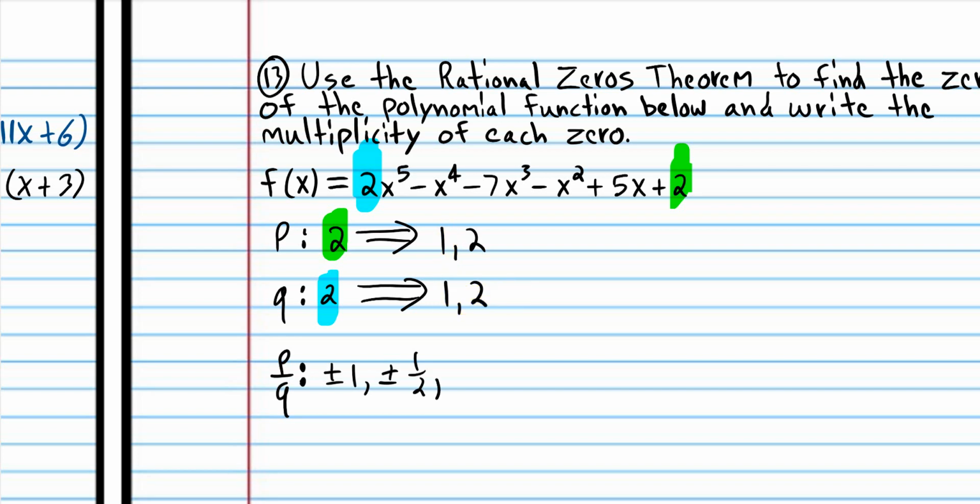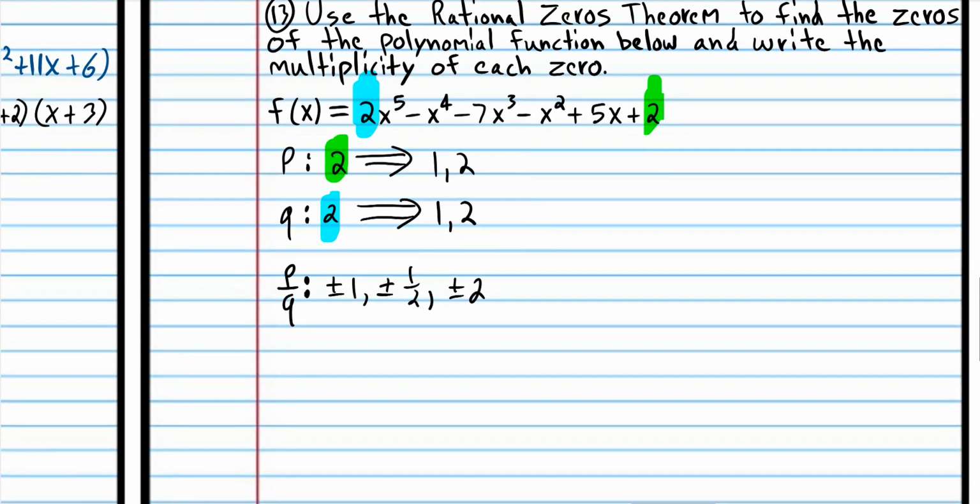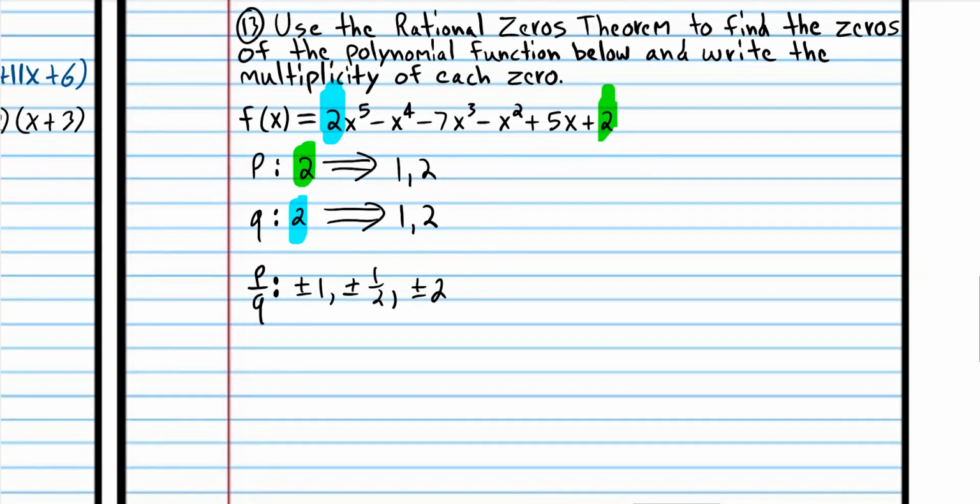Then we're going to divide 2 by 1, and we get plus or minus 2, and dividing 2 by 2, we get positive 1, plus or minus 1, but we already have that on the list. So that didn't take very long to list those potential rational zeros. So if you got that right, good job.